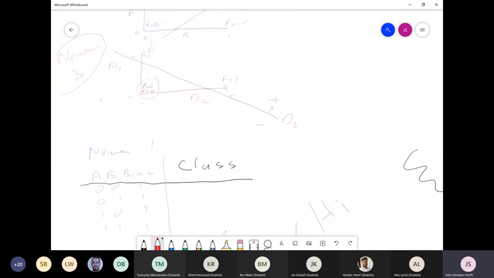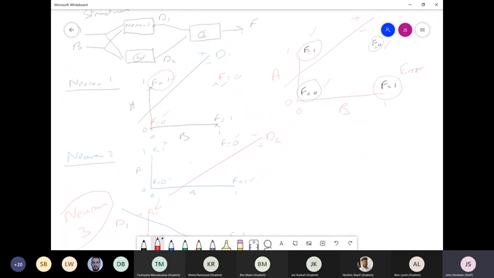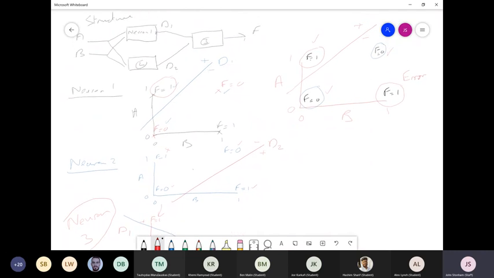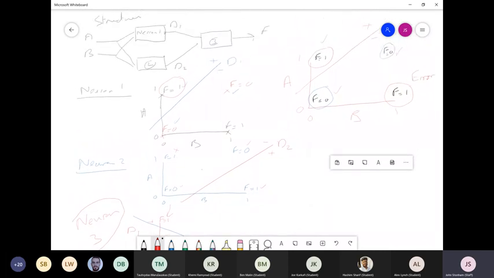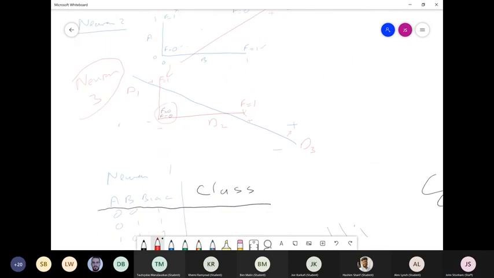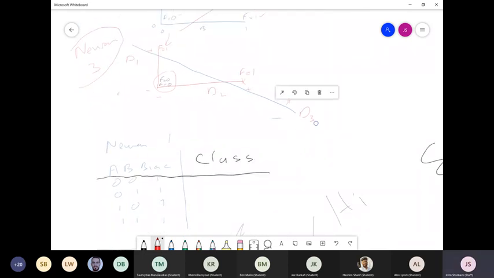Now, just to show you that weights will exist to do this, if I take the first neuron and plot the patterns going into this neuron, A, B, and include the bias, I will have 0, 0, 1, 1, 0, 1, 1. Those are the inputs for XOR. The bias is 1 for all inputs.